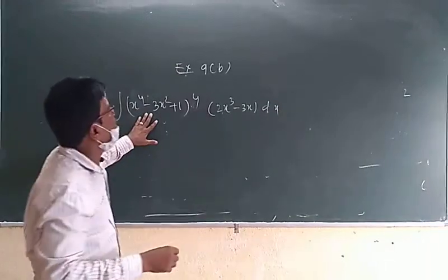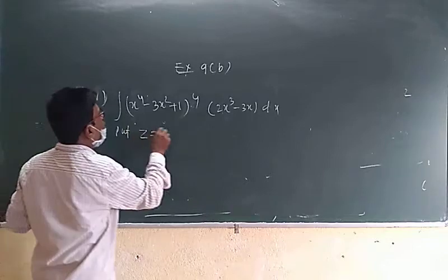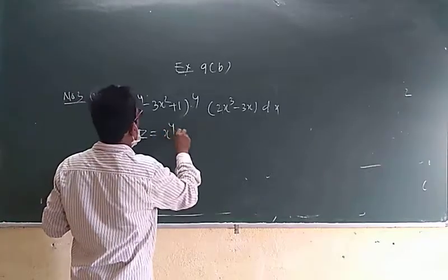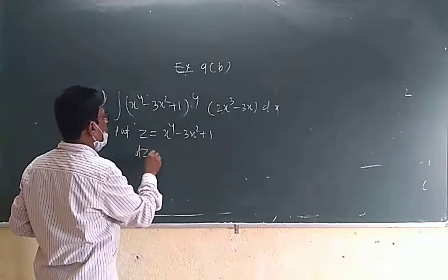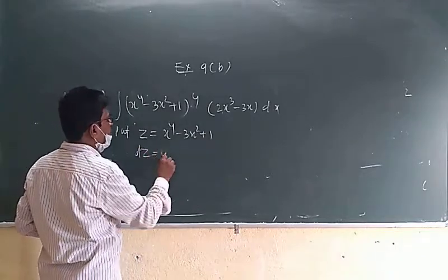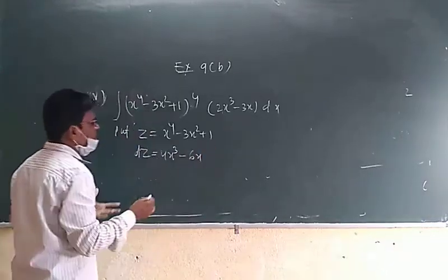Taking the larger power as z, put z is equal to x4 minus 3x square plus 1. So dz is equal to the derivative of x4, that is 4x cube minus 6x, and 1 is a constant, so its derivative is 0.